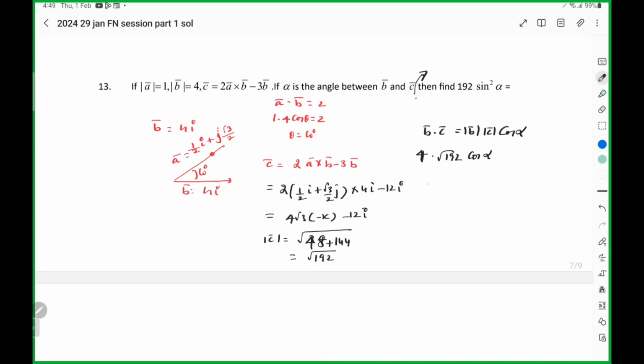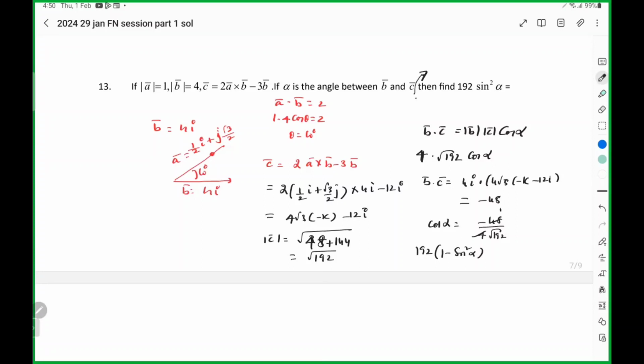So B dot C will be i into 4i dot 4 root 3 minus k minus 12i, which is minus 48. So cos alpha here is minus 48 by 192 sine square alpha.